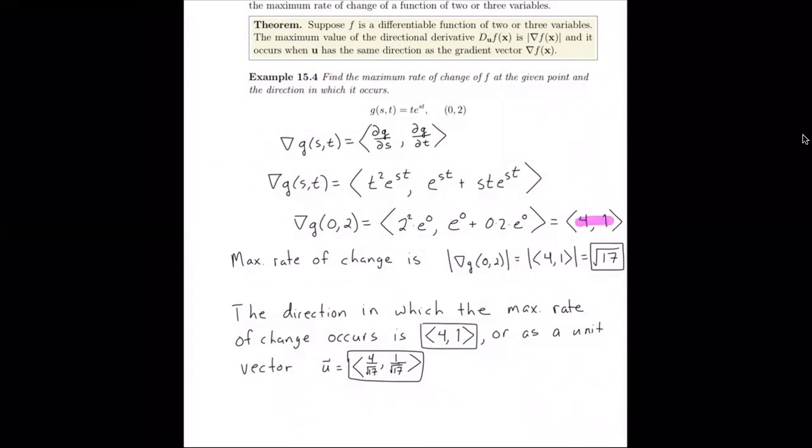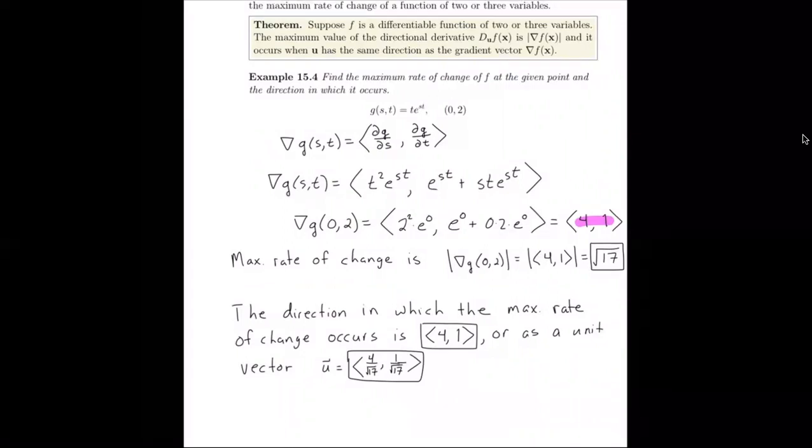If we want to know what our maximum rate of change is, we just need to find the magnitude of the gradient of the function at the point (0, 2). Well, we know what that vector is. It's (4, 1). 4 squared plus 1 squared, root all of that is square root of 17. So our maximum rate of change is square root of 17.